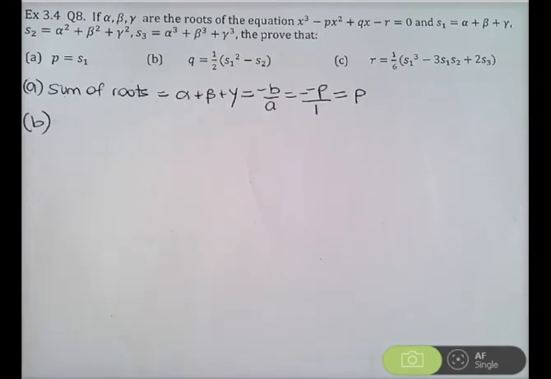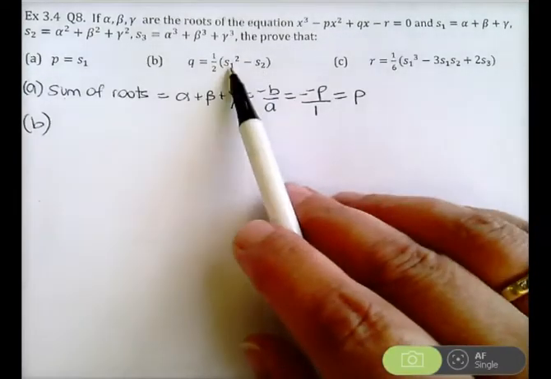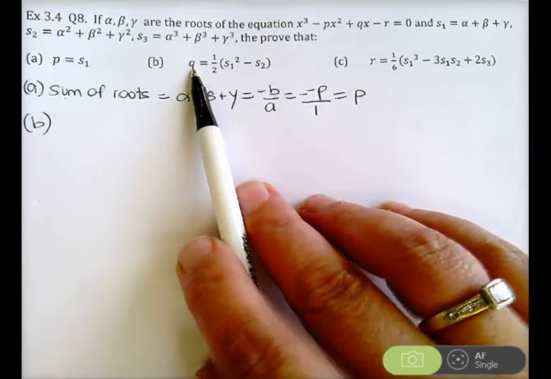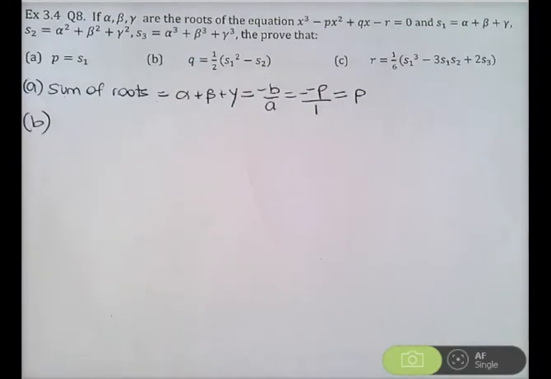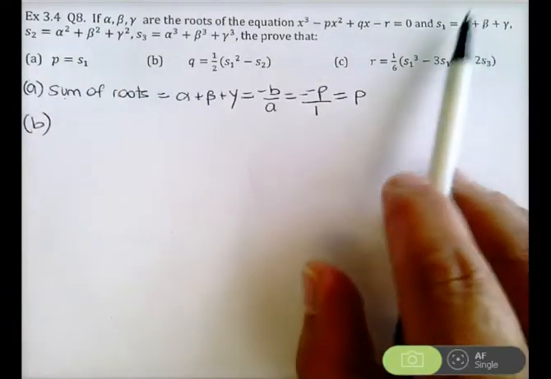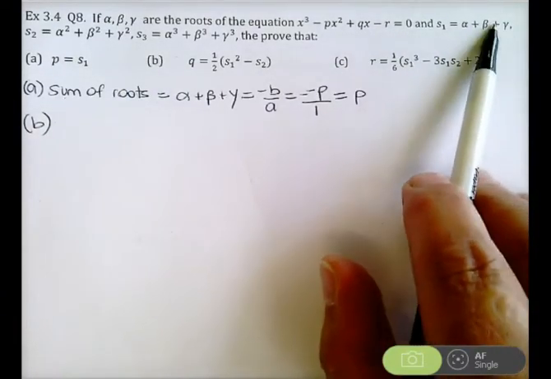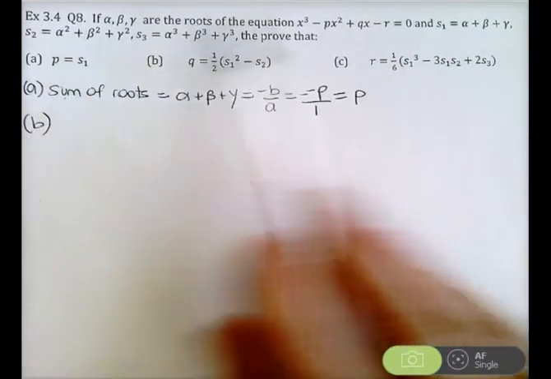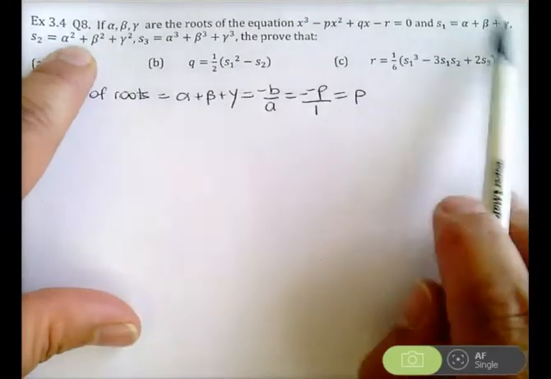Easy. B. You have to show that Q, isn't Q sum of roots 2 at a time? You can do your 2 at a time, or you can start with this right-hand result and show that it equals that. Okay, there's no reason why you can't. So let's start with the right-hand side. I did do it starting with the left-hand side with sum of roots 2 at a time, alpha beta plus beta gamma plus gamma alpha, and then I did the link between that and that.